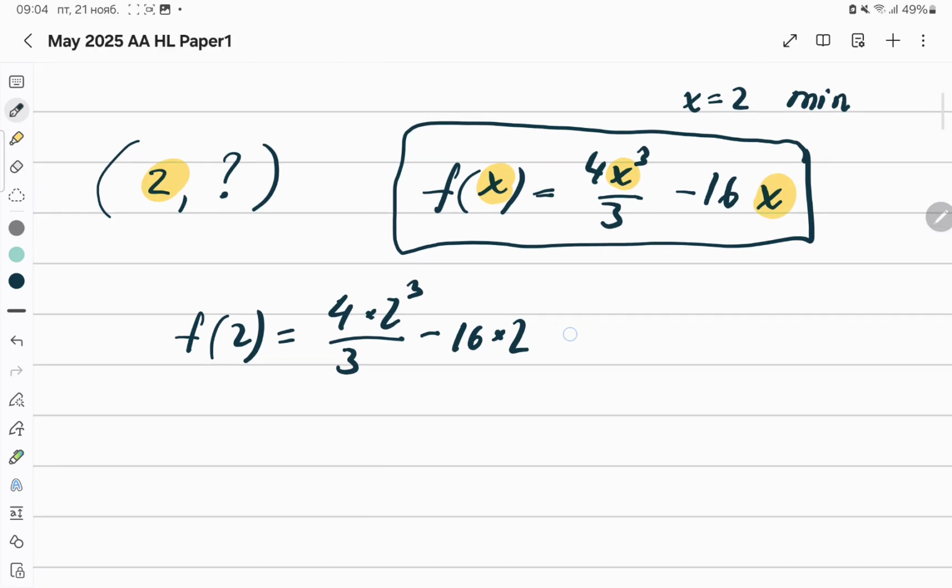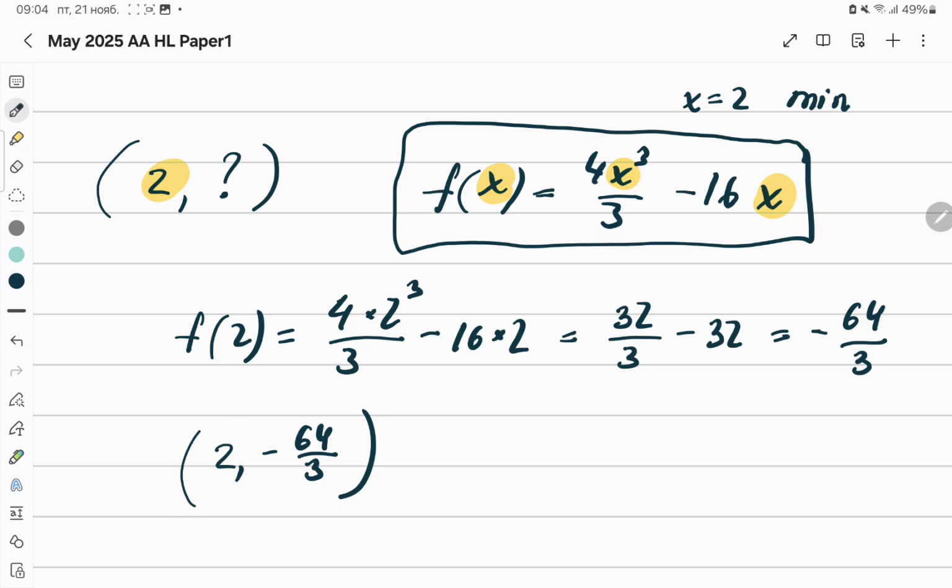Let's simplify now. We have 32 over 3 minus 32, and that's how we get negative 64 over 3. So the point is 2 and negative 64 over 3. This is the final answer.